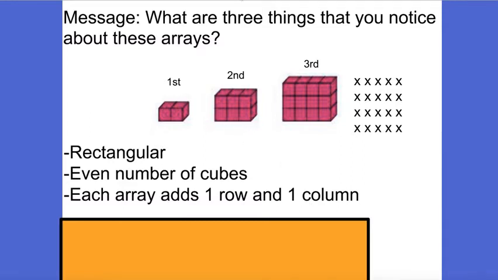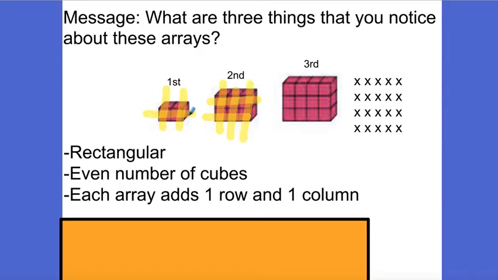If you notice, for example, this is the first one. It has 1 row and 2 columns. Then the next one has 2 rows and 3 columns. Right?